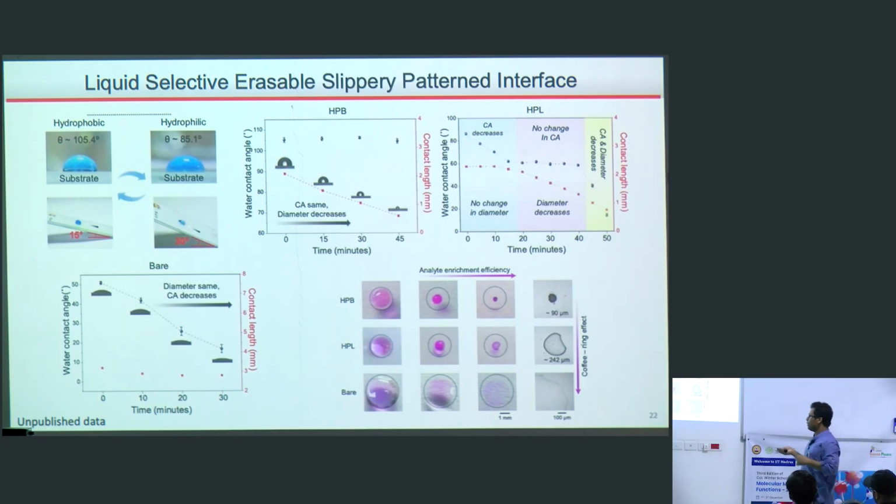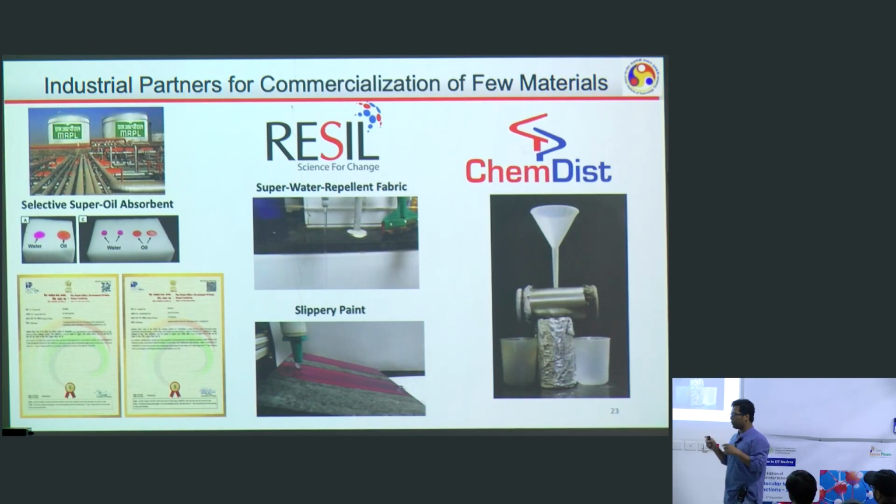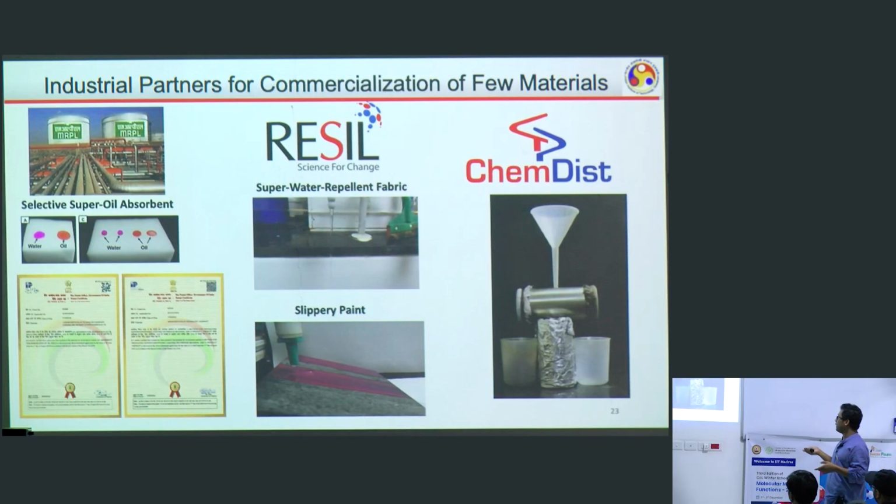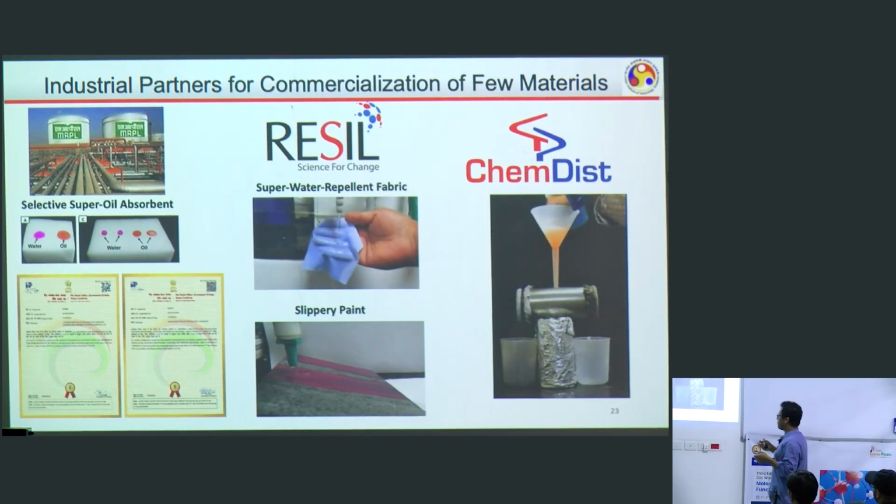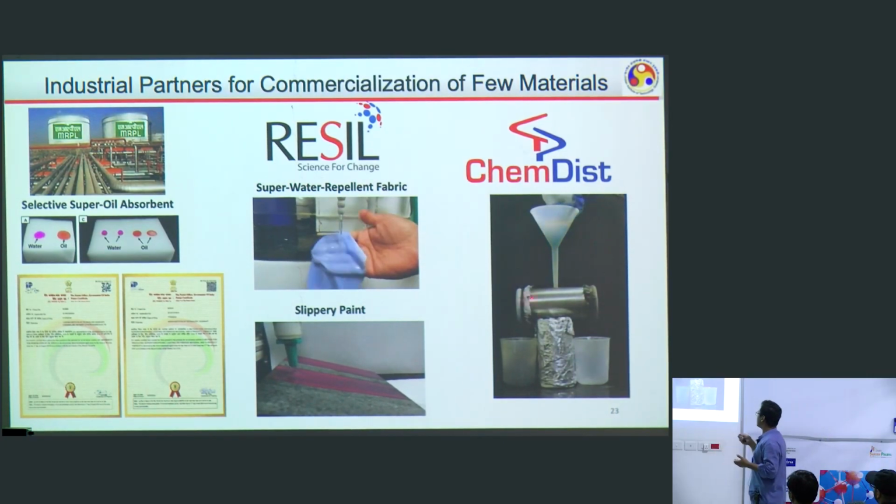With that, as I got the instruction also, I have to stop somewhere within 10-15 minutes, so I'll stop here. Some of these technologies are in collaboration with industries, and we are trying to translate them. MRPL is already applying some of this technology, and the chemists recently used this, so they are now trying pilot-scale production of this membrane.